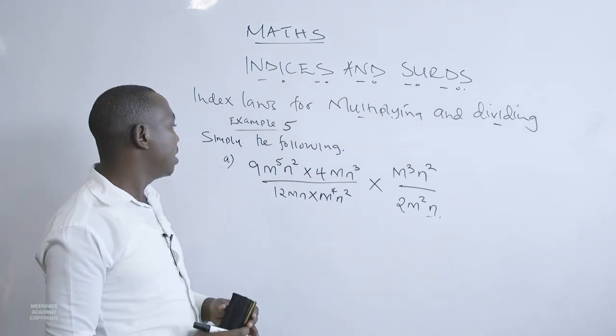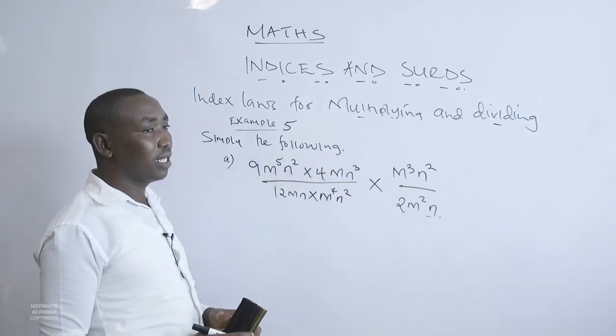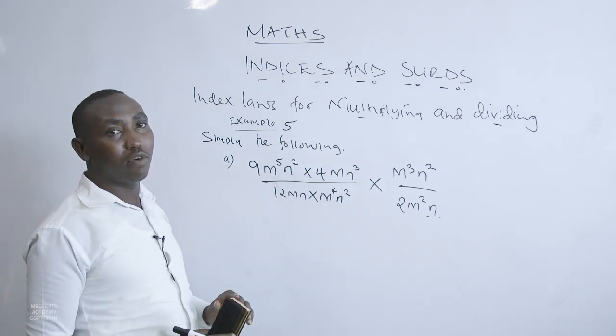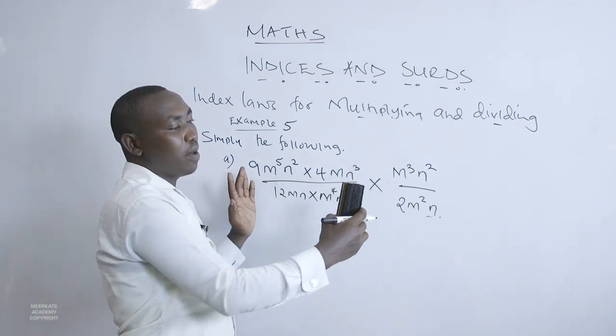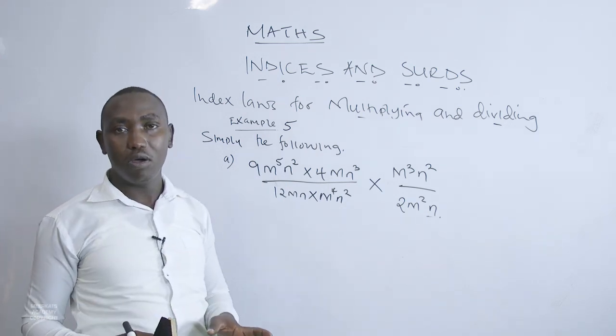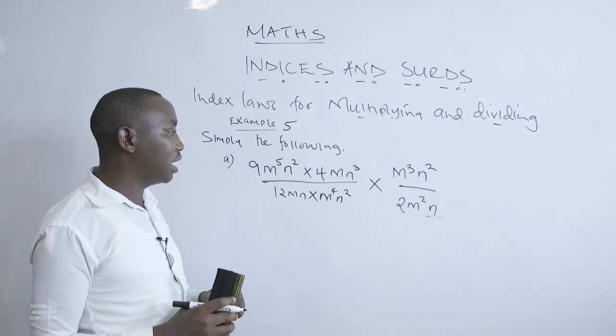So let us look at first how we can solve this before we proceed to the next one. Now we are having the first part and the second part, and you can clearly see that the first part involves using both laws, that is both the multiplication law and the division law of indices.